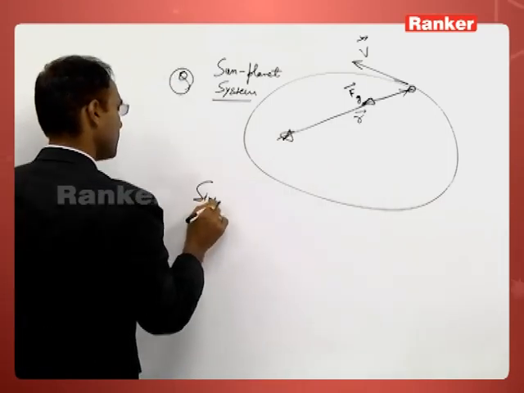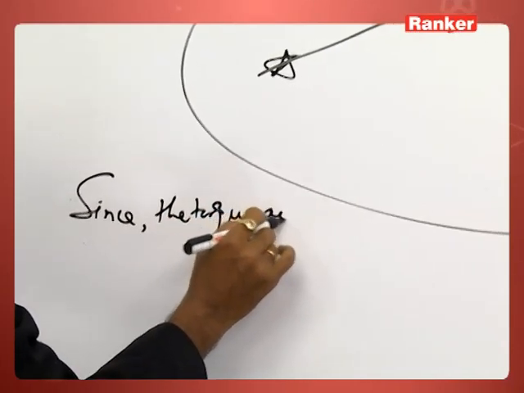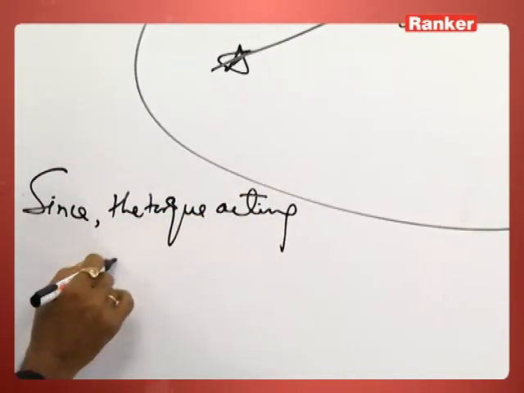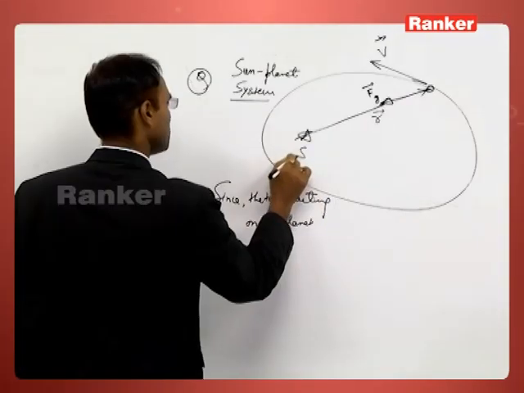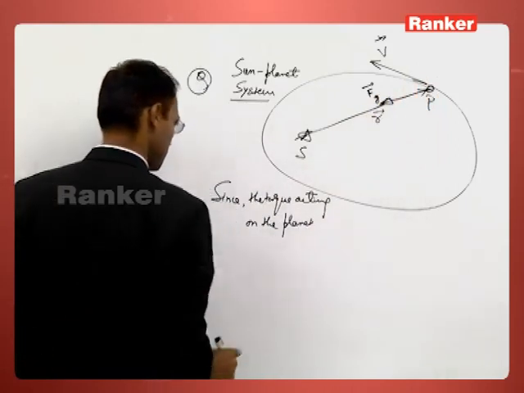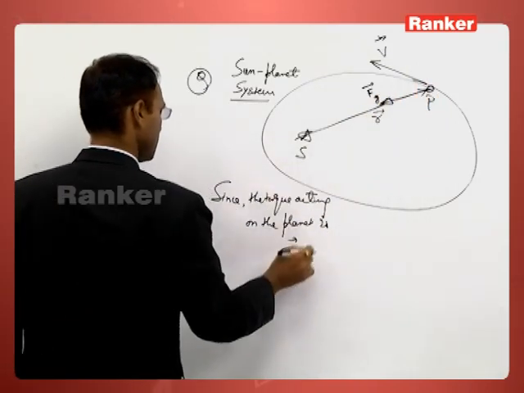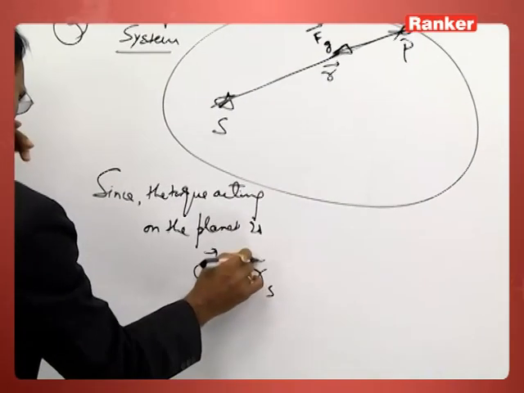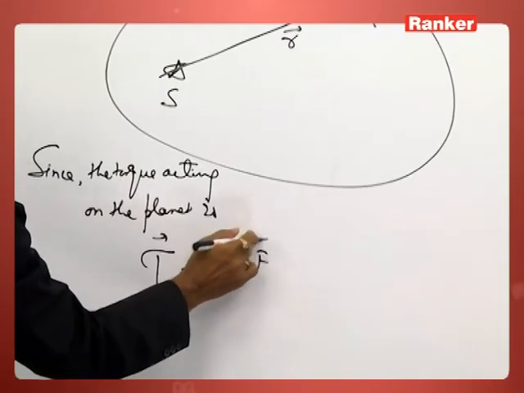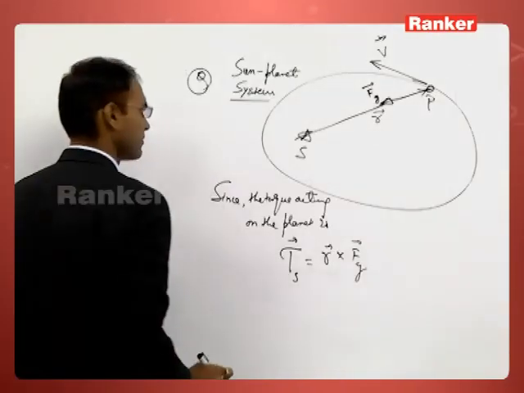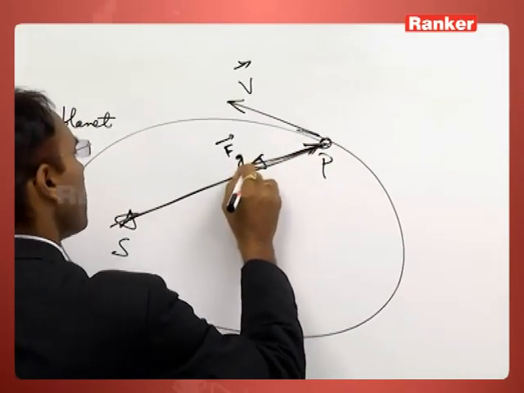Since the torque acting on the planet, this is the sun, this is the planet P, is tau about S equal to r cross F_g. This is the r vector, this is the force vector.